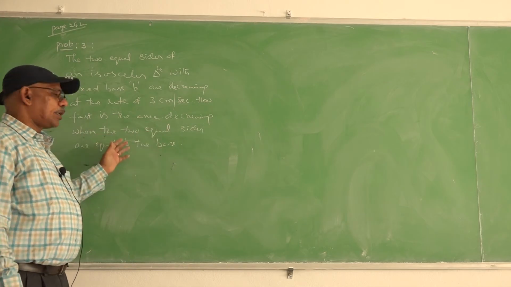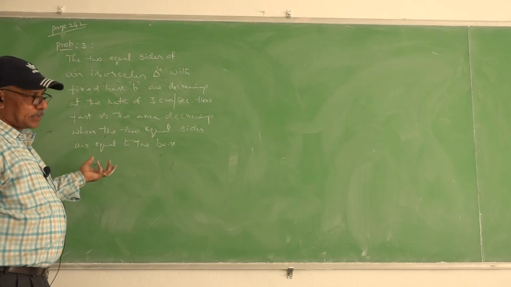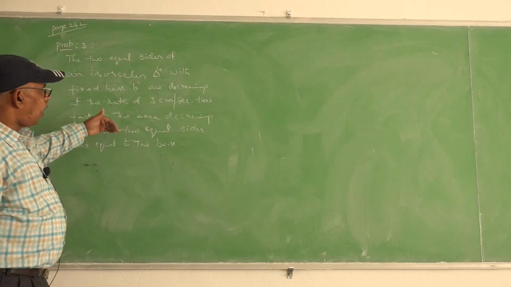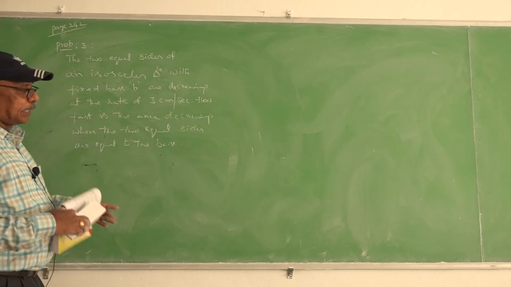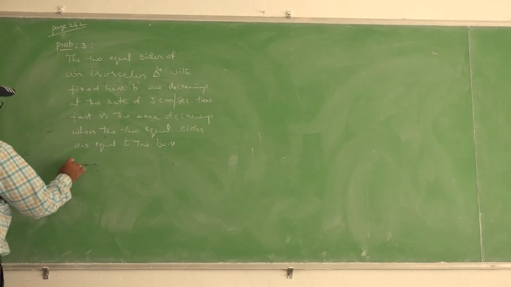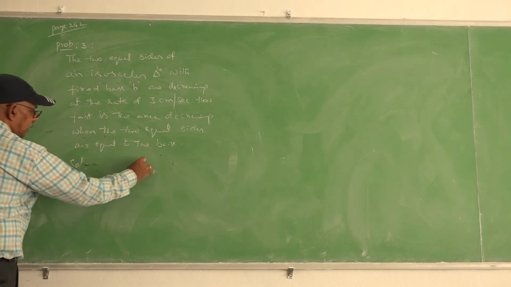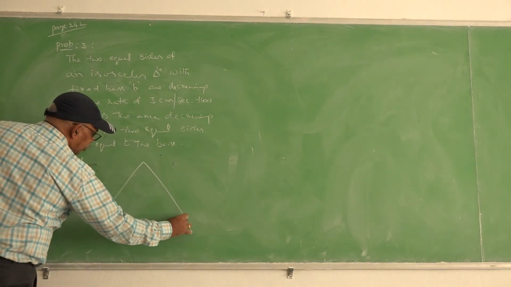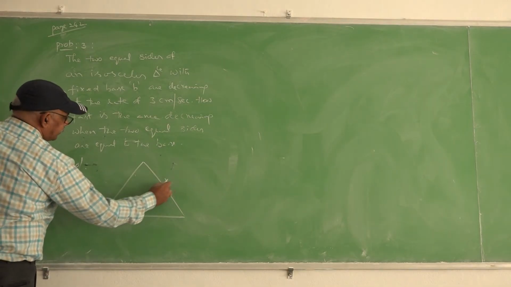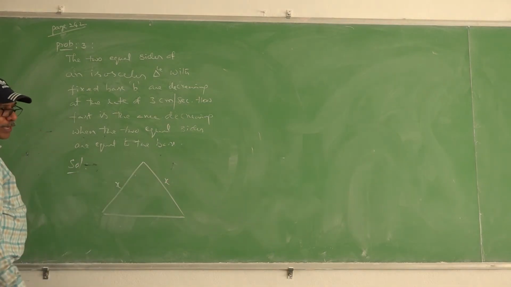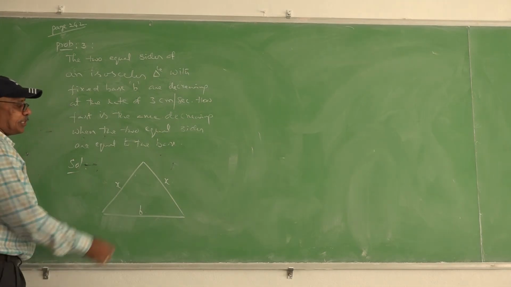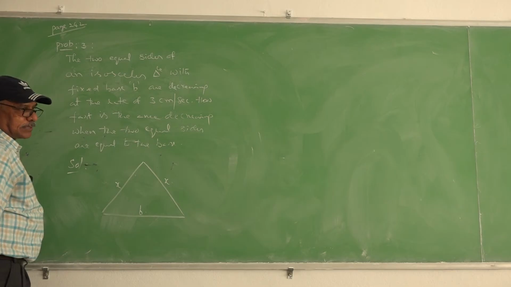When the two equal sides are equal to the base, how fast is the area decreasing? Let us consider the isosceles triangle. Let x be the length of the equal side, and b is fixed. Since it is variable, I am taking it as x.